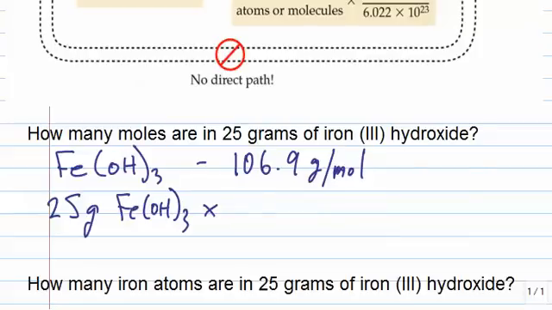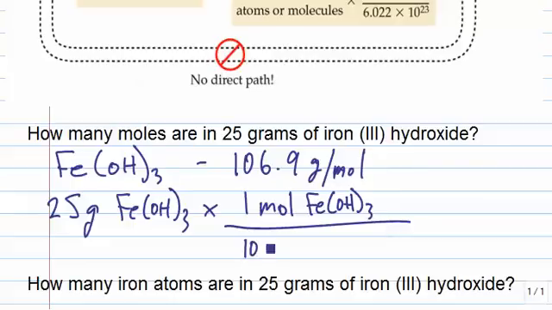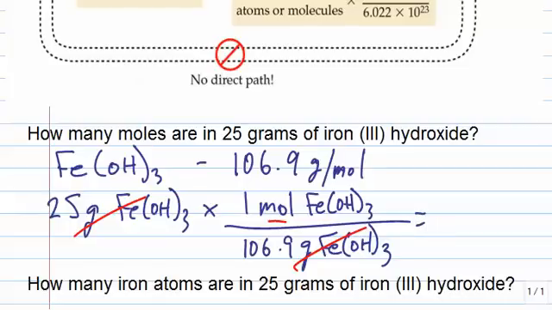Since we want moles, we are going to write 1 mole of Fe(OH)3 per 106.9 grams of Fe(OH)3. We see that our units here, grams, will cancel, and we'll be left with the units that we want. And so now we just plug into our calculator 25 divided by 106.9, which will give us 0.23 moles of Fe(OH)3.